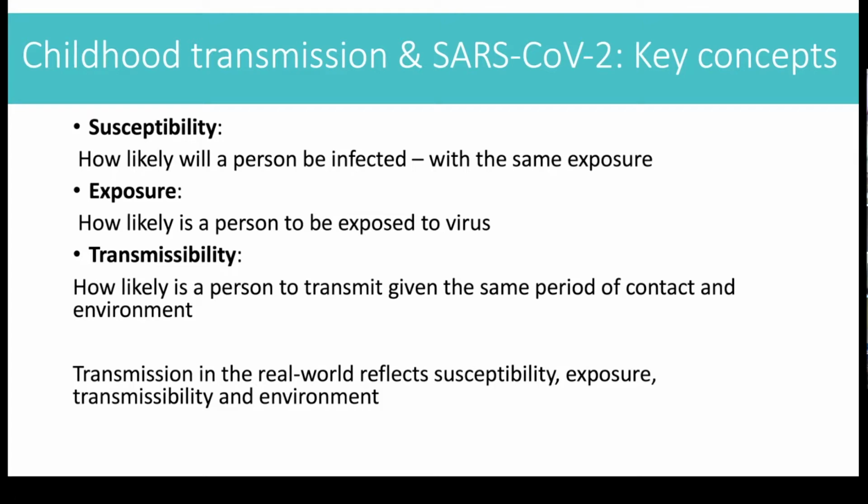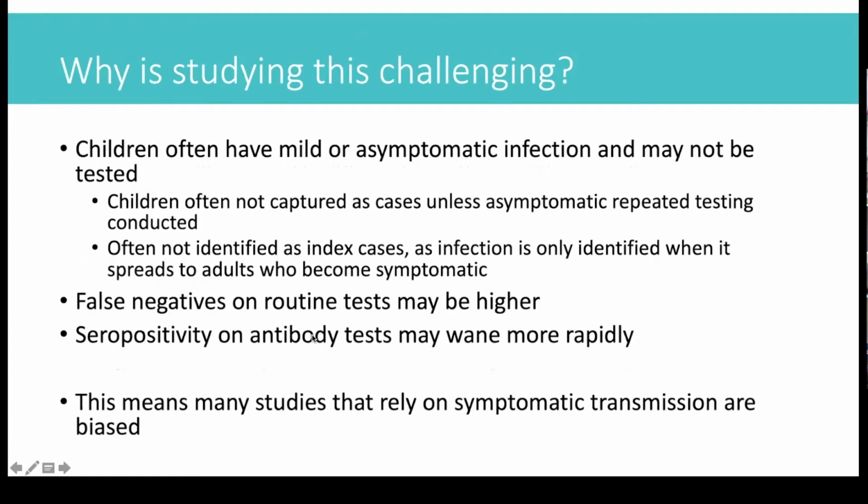So even if your susceptibility is lower, which is actually not the case in children now that we have less flawed studies, the level of exposure that you have each day can hugely affect your chance of getting infected.